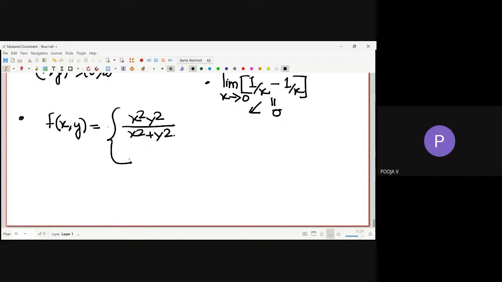Anything would be fine, whether the limit exists or does not exist. If I take a square root, then mostly I can easily create an example for which the limit doesn't exist. But before that, let me take this one.